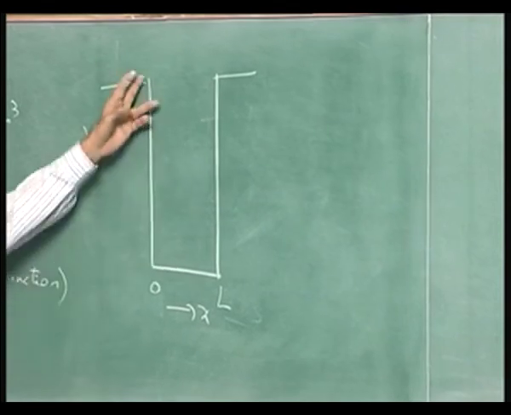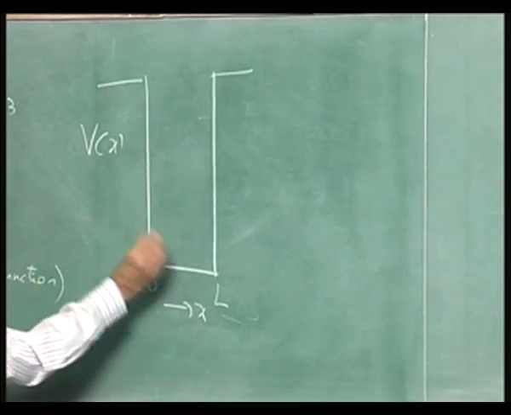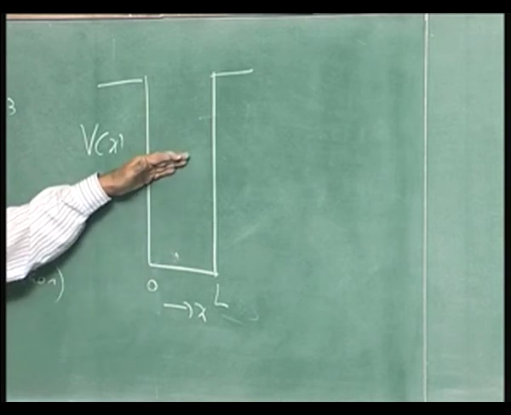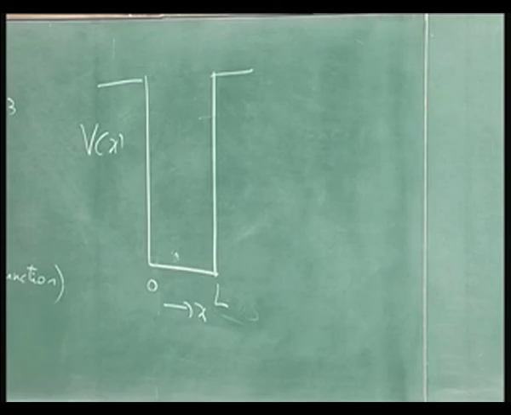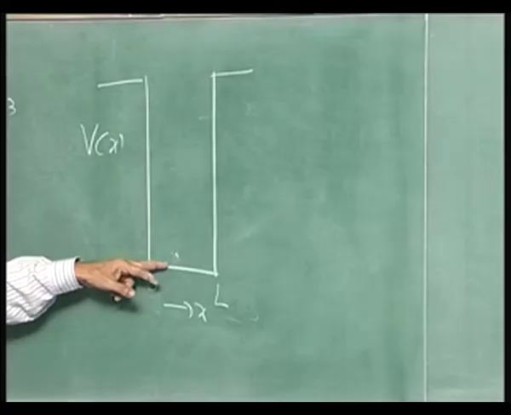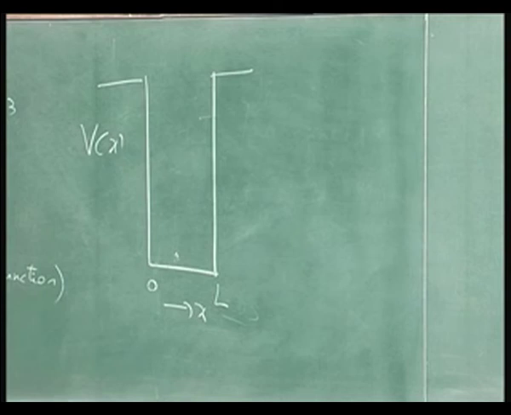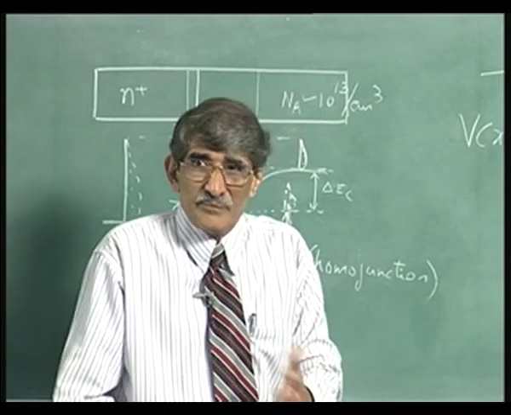Now, when you have a potential well like this, electrons which are present here cannot occupy any level they like, because the moment you make that potential well narrower, the energy levels are no longer continuous. When I take a conduction band of a material, the energy levels are continuous because of band splitting.